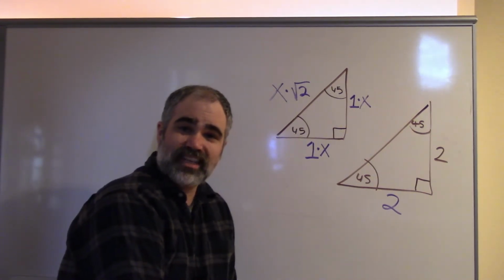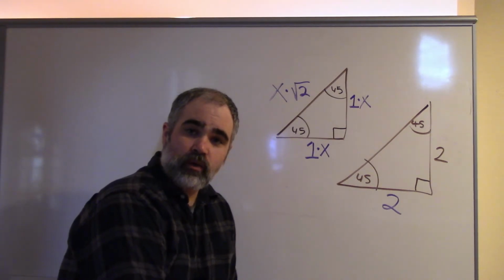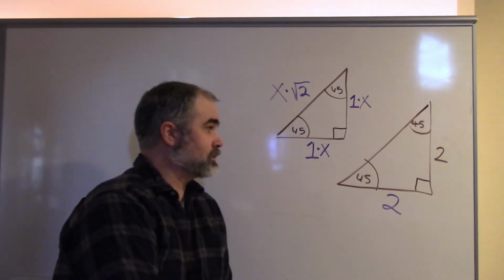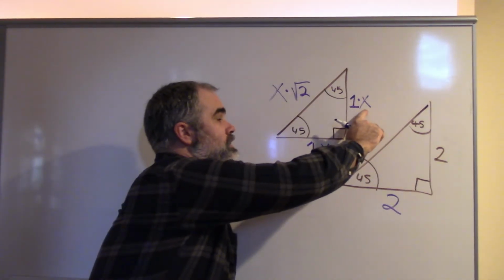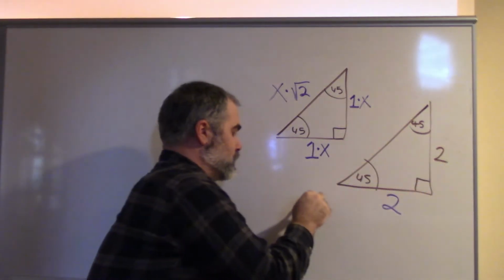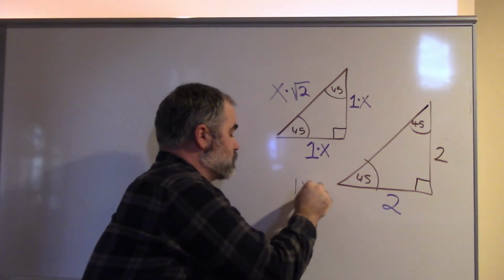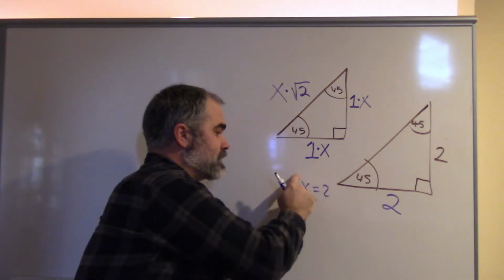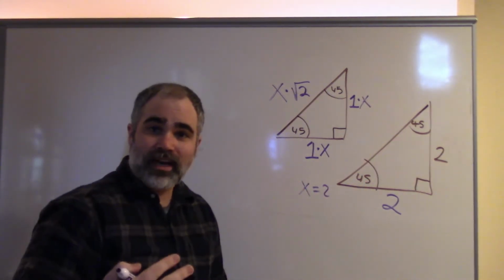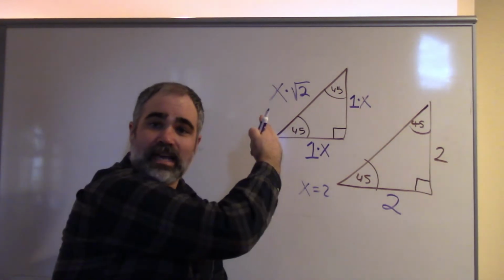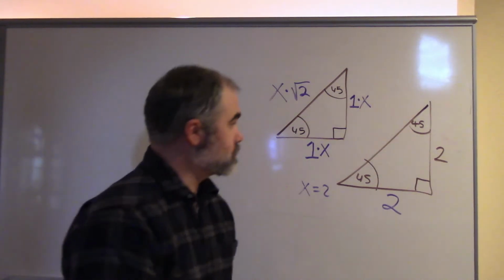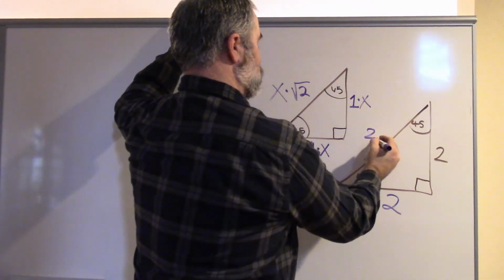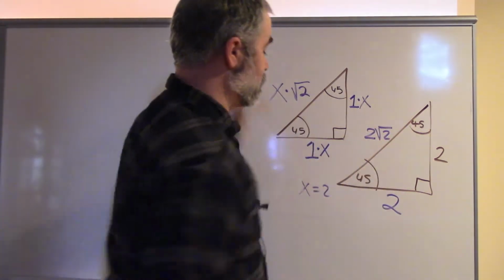So let's see if we can use this to figure out what that side length would be. Right here, I see that 1 times 2 gives you 2. It's pretty easy to do some math here. 1x equals 2. That means x has to equal 2. If you want to find the hypotenuse, you just replace x with a 2 because you've found that scale factor. So it's going to be 2 times the square root of 2.